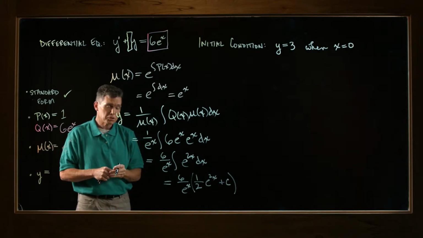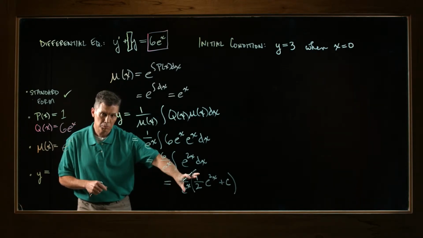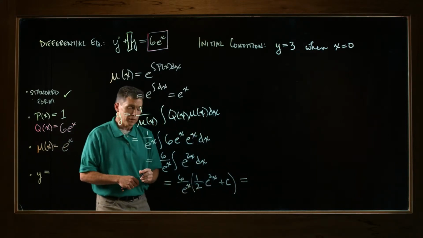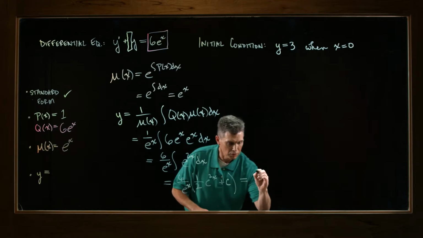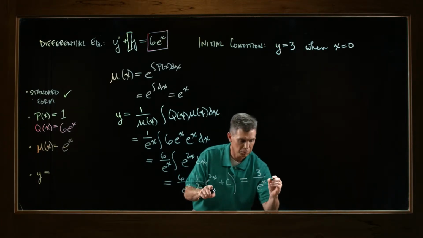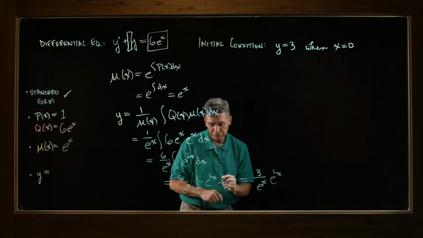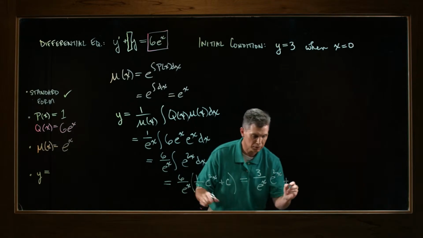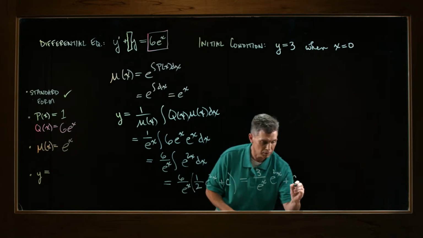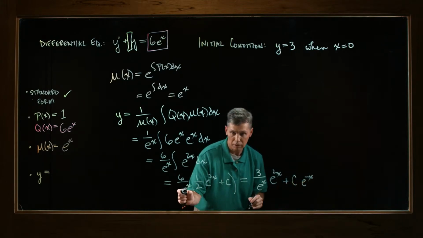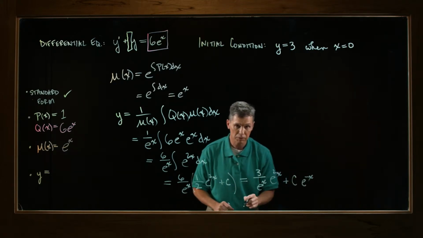Okay, and I'll clean that one up just a little bit because I think I'd want to distribute through the parentheses and make it look a little simpler. So I would have 3 over e to the x times e to the 2x, and then plus this c times 6 is just a constant. Again, let me also bring up that e to the x and write it as e to the negative x.